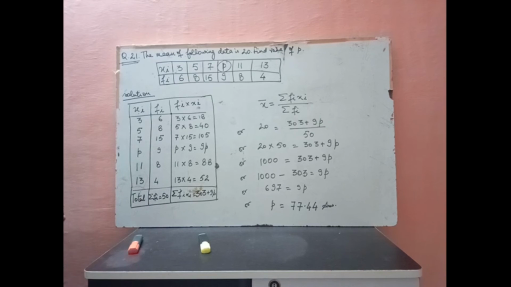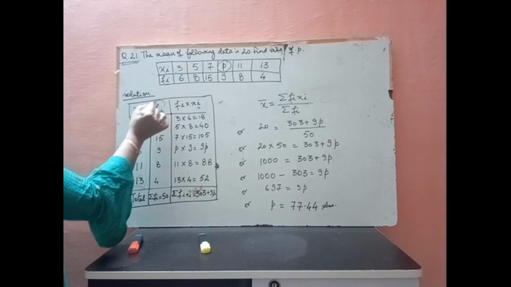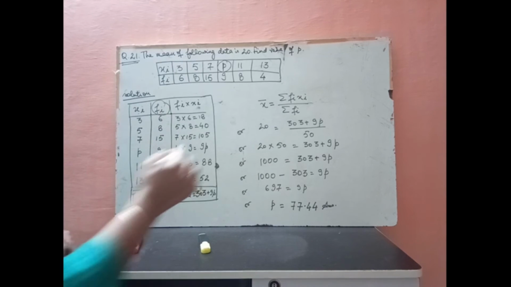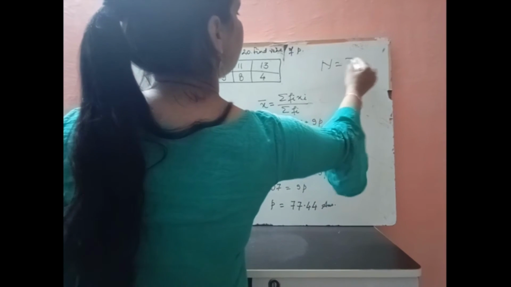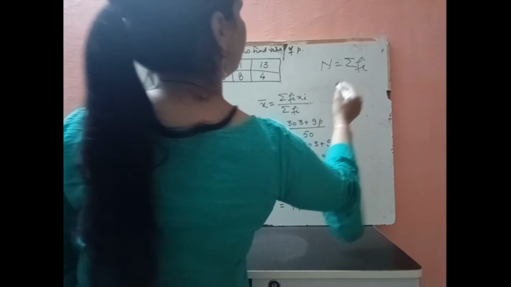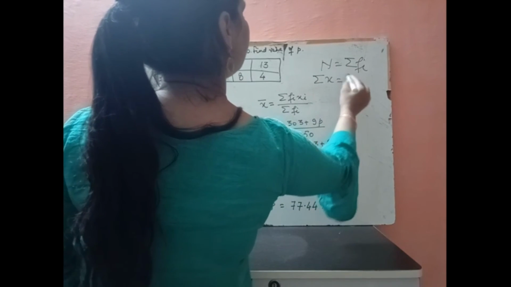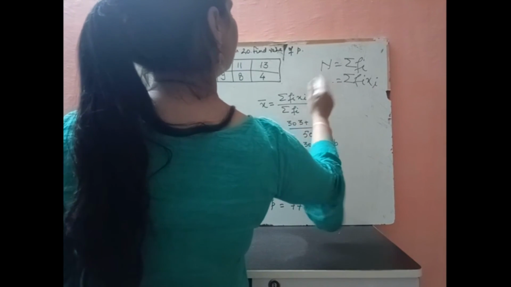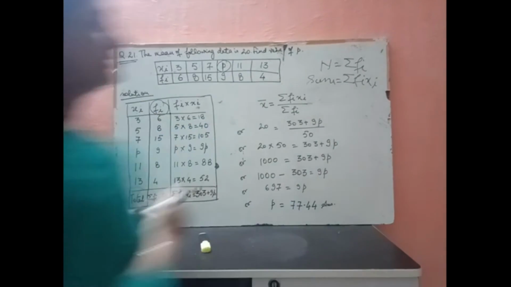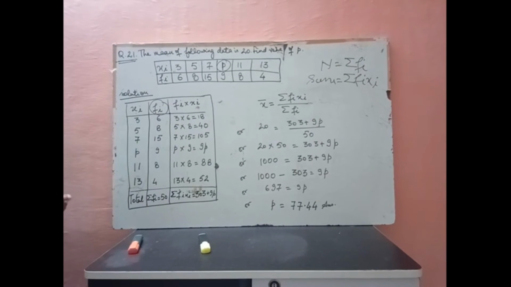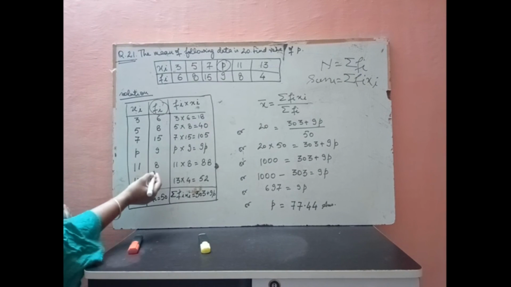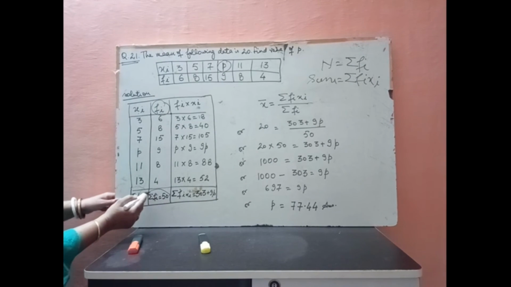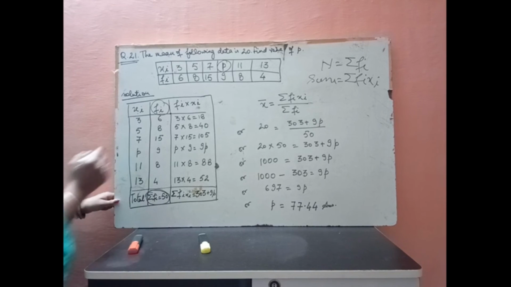For finding the mean of a frequency distribution table, number of observations is equal to sigma Fi, and sum of observations is sigma Fi xi. So these are Fi. When we add these, we will get sigma Fi.